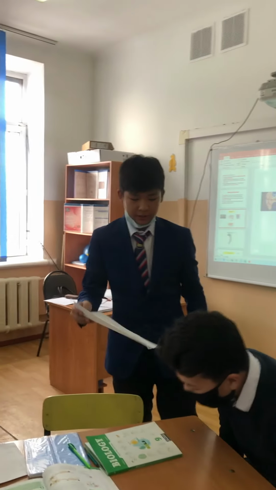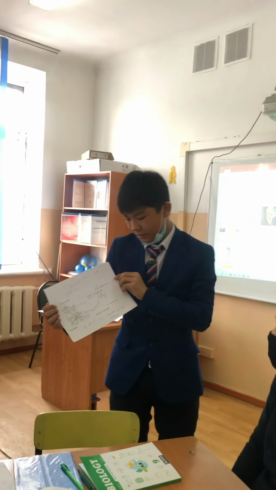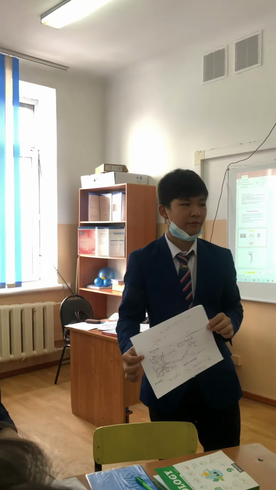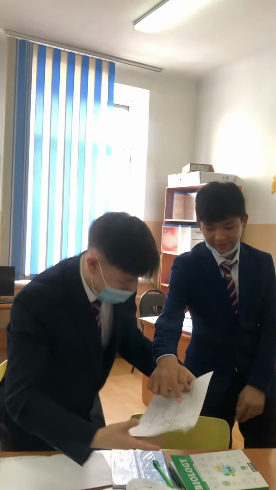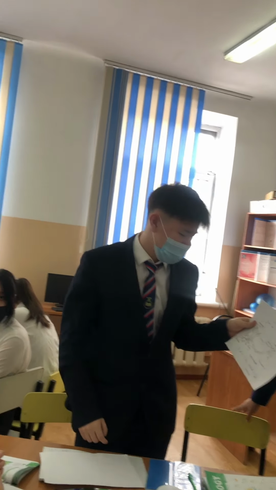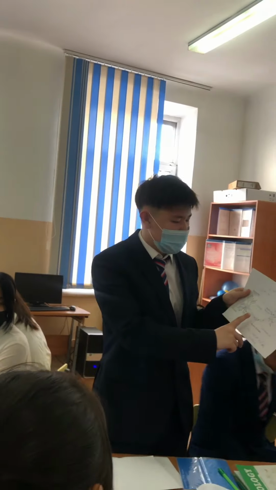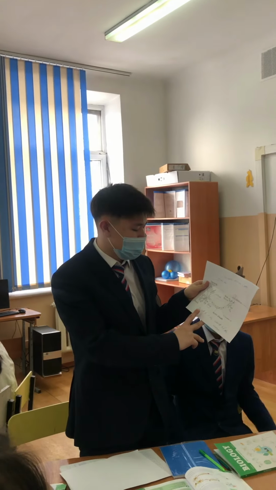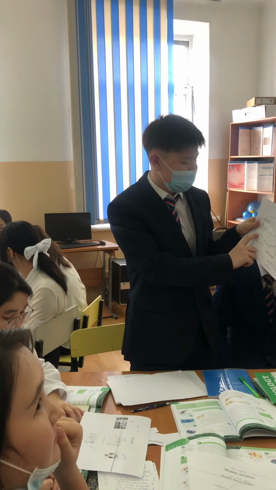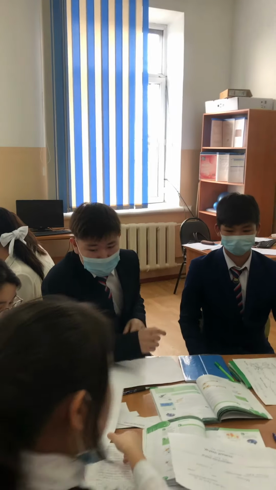They are dendrites, cell body, axon. Okay, please. The neuron consists of three parts: dendrite, cell body, and axon. The cell body is in the center of the neuron. Okay, I want to add information about it.